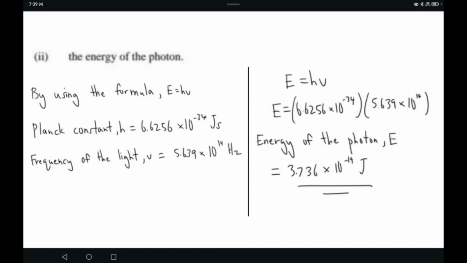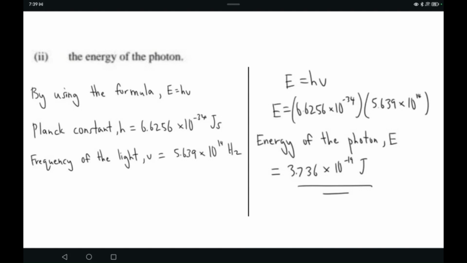The question tells us to find the energy of the photon. To solve this question, we can also use a formula from our syllabus, which is E equal to h times nu. E is the energy of the photon, h is the Planck constant, which is 6.6256 times 10 power negative 34 joule second, and nu is the frequency of the light that we found in the previous question, which is 5.639 times 10 power 14 Hz.